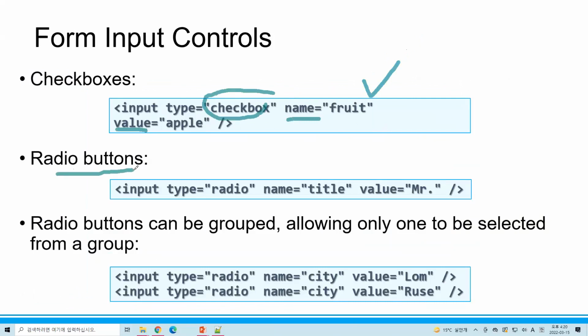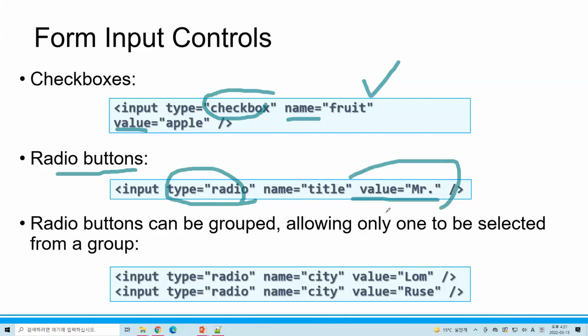We have radio buttons. The radio button is a kind of selection. For example, I want the users to input whether I need to call them Mr., Miss, Mrs., or Professor, Doctor, etc. They have a kind of salutation.